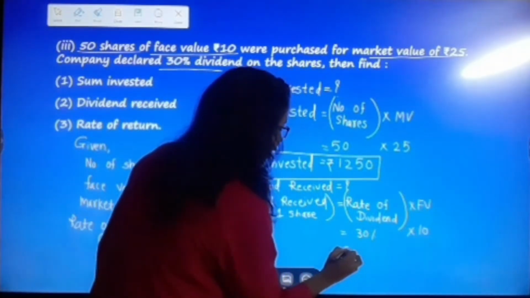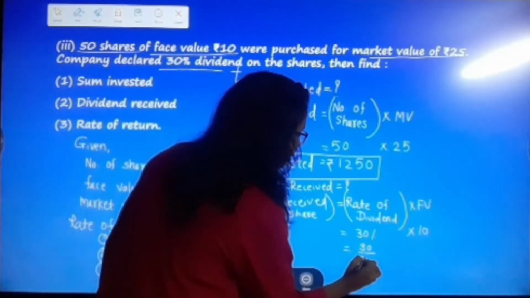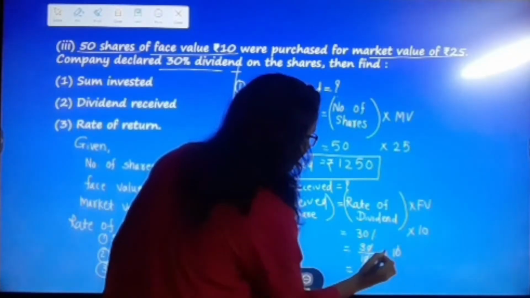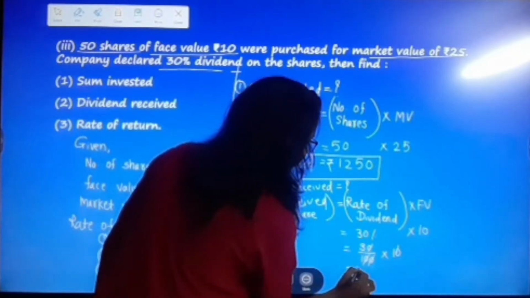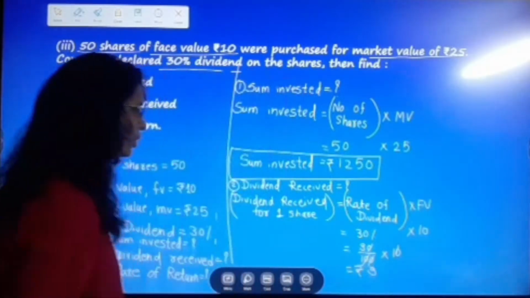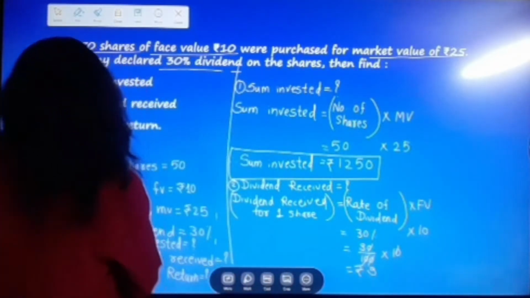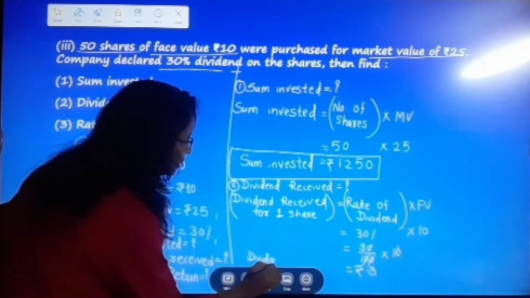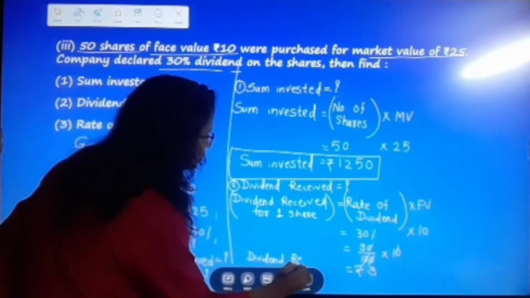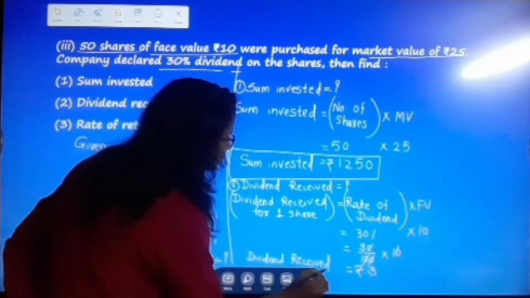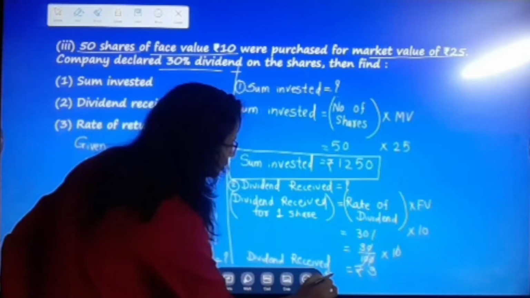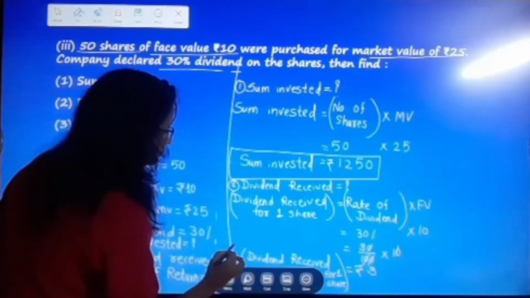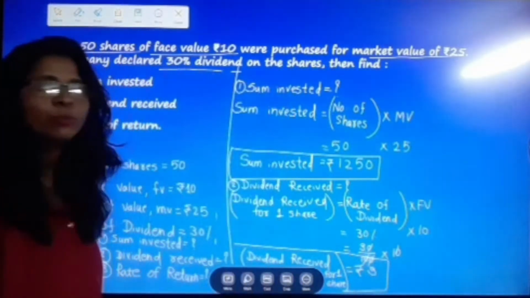So 30% means 30 upon 100 multiplied by 10. The zero gets cancelled, and that means 3. So the dividend received for one share is rupees 3.